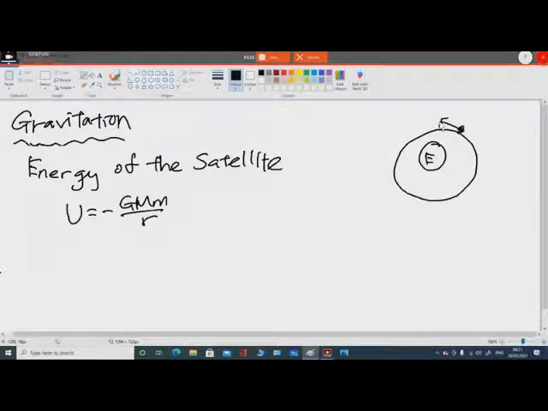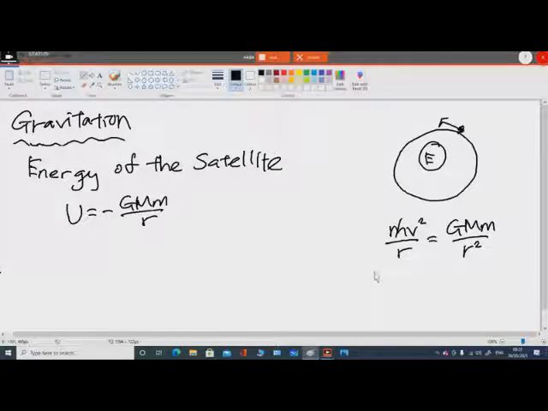Okay, so since the satellite revolves around the Earth and the gravitational force is the only force acting on the satellite, we know that mv square over r is equal to GMm over r square.